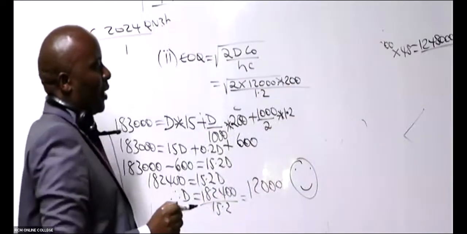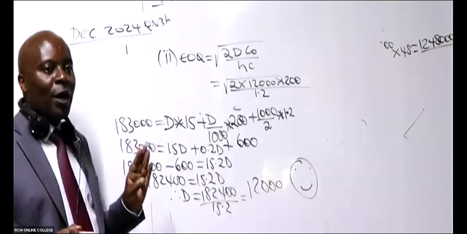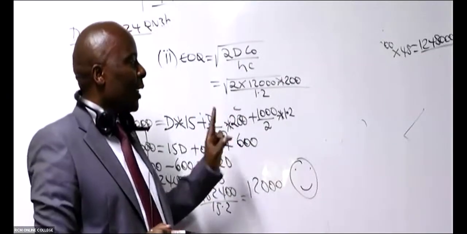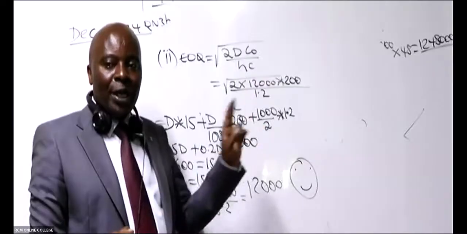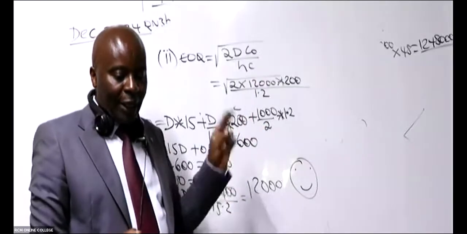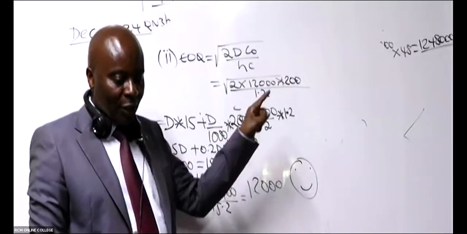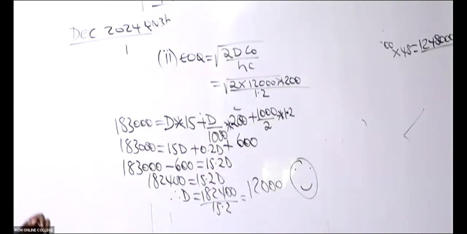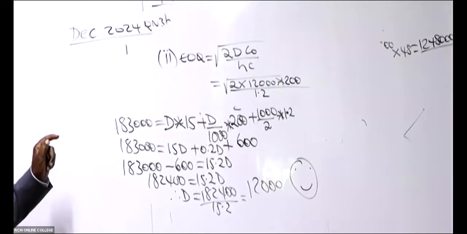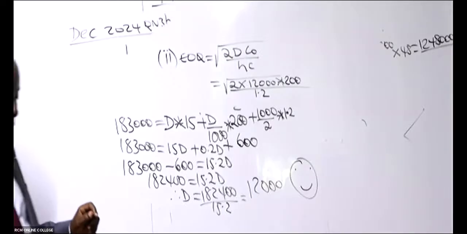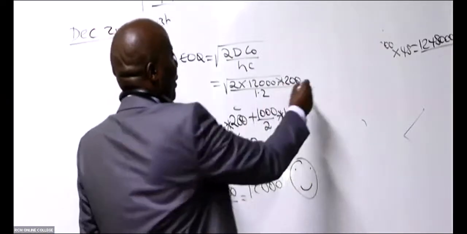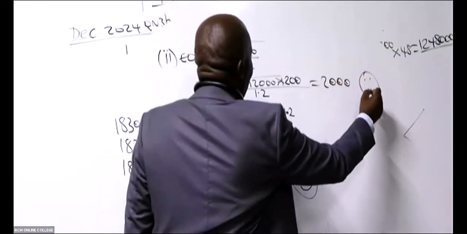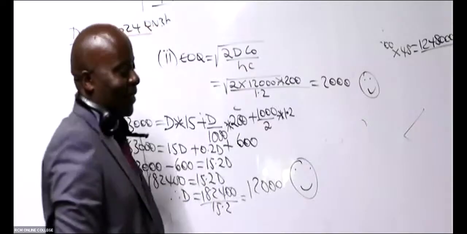First, forget the square root: 2 times 12,000 times 200, and whatever we get we divide by 1.2. At the end we take the square root. That gives 4 million, and the square root gives us 2,000. Great, so far we are all smiles.